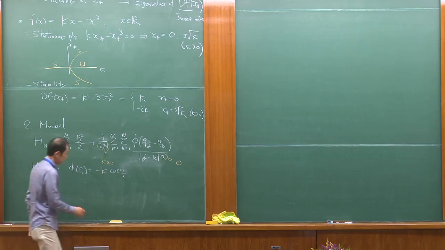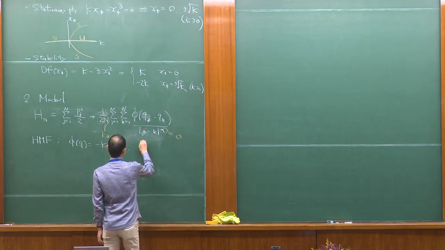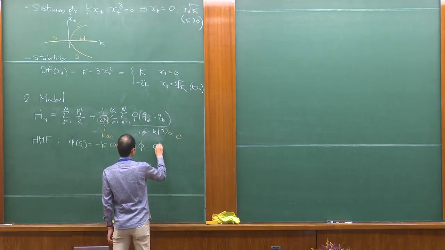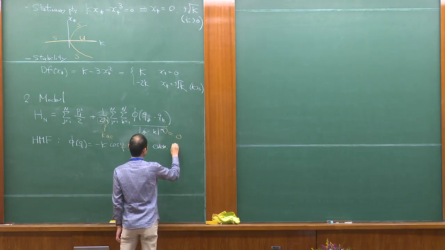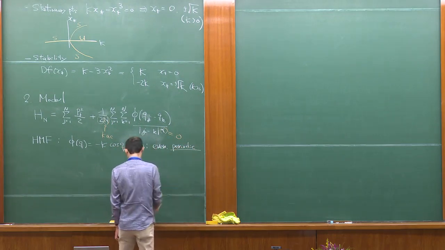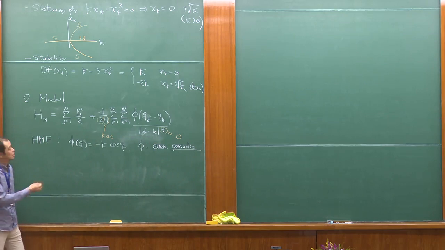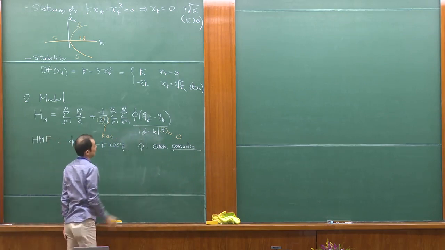Okay. I forgot to say the condition of phi. The phi should be even and periodic. So this assumption of periodicity simplifies the problem. So phi(q) is a periodic variable.